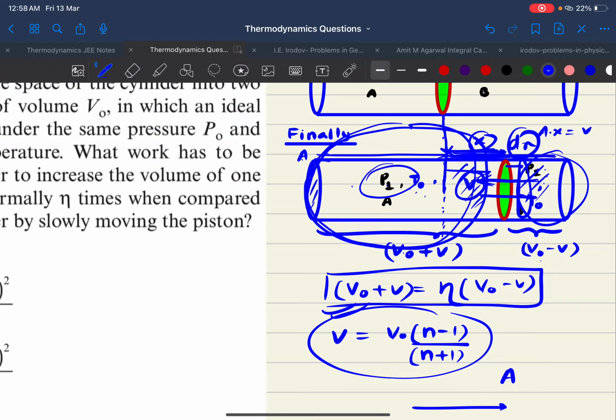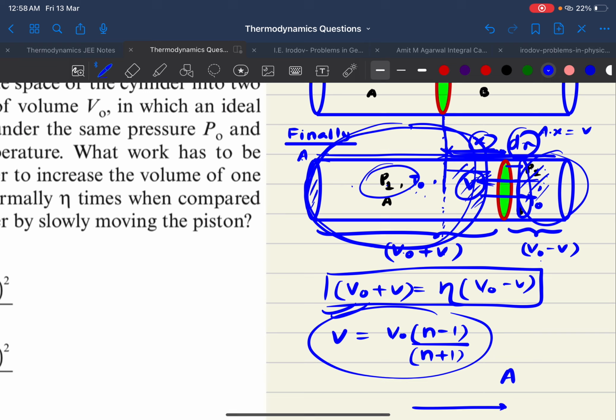Your teacher would have taught you to move something by x distance and dx distance, and then further integrate, right? If the object is non-uniform, same thing we will do here.